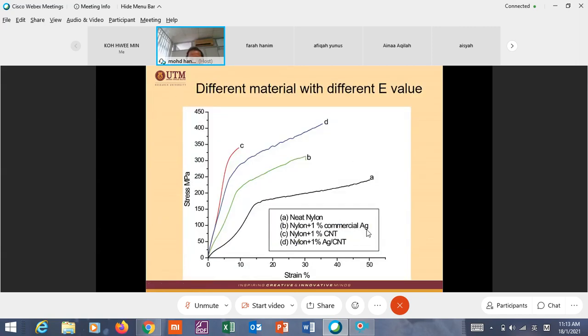So what is this? Similar to axial deformation, deflection is also controlled by the E value. So if you have different materials, in this elastic area, deflection will be different, depending on this slope.